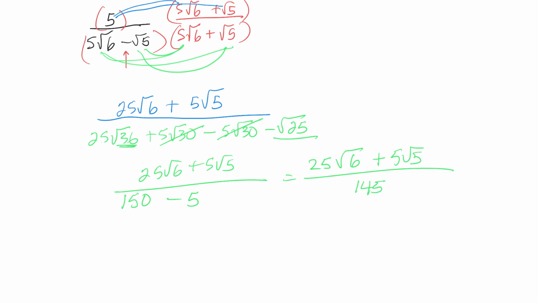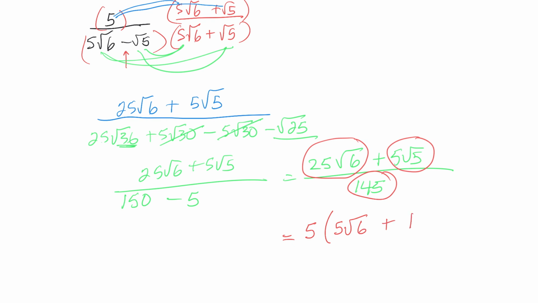Now, when I look at each of the terms, it looks like they're all divisible by 5. An easy way for me to cancel those out is just in the top factor out the 5. So if I factor out a 5 out of the top, I'll be left with 5 root 6 plus 1.